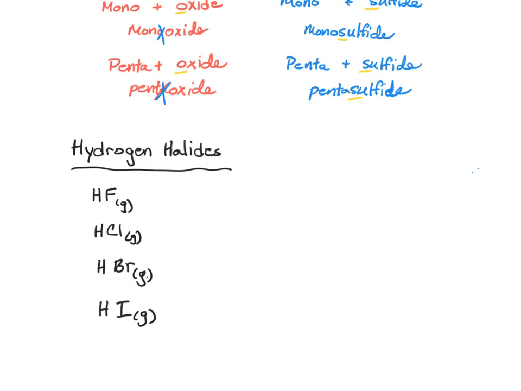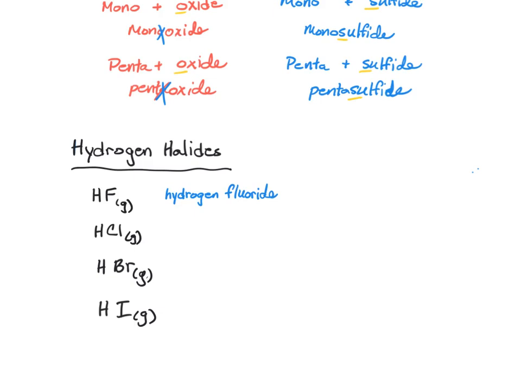The names of these are going to be based on what I just showed you, except we don't have to use any prefixes because they're all in a 1-to-1 ratio. So we have hydrogen fluoride. Pay careful attention here. Notice that fluoride's spelled UO, not OU.